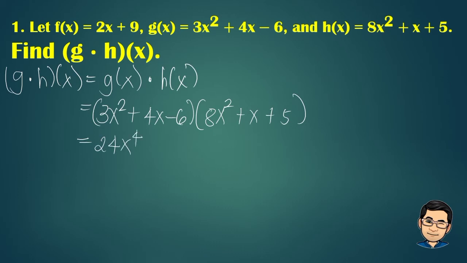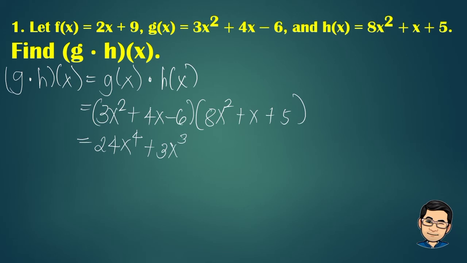So, remember, yung rule natin sa product, ina-add natin yung mga exponents. So, kapag naman division, mina-minus natin or sinusubtract. So, 2 plus 2, that is 4. Next, 3x squared times x, that is 3x cubed.